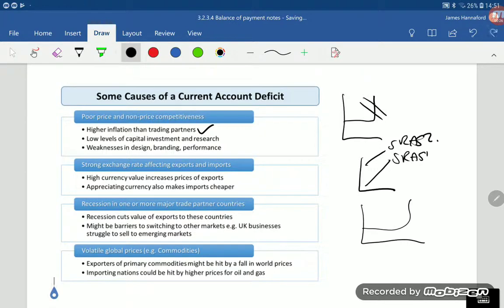Maybe quite simply that as the economy grew, the supply side policies were not shifting the AS curve to the right as quickly as AD was moving. Maybe there was too much of a time lag, for example, in building new infrastructure, and therefore the economy overheated and we had demand pull inflation. The point being is inflation has made our goods more expensive.